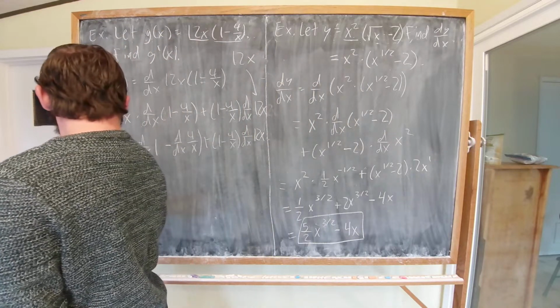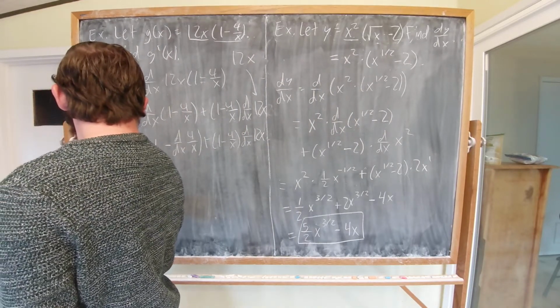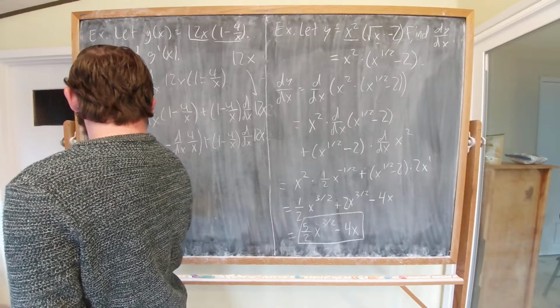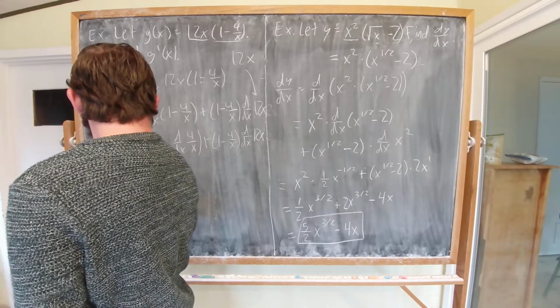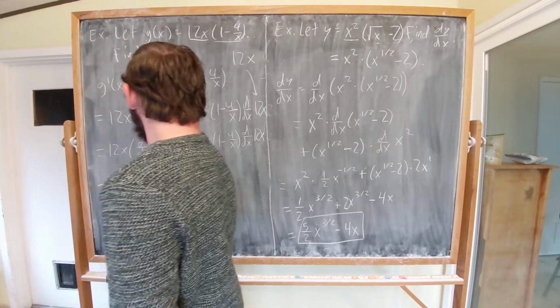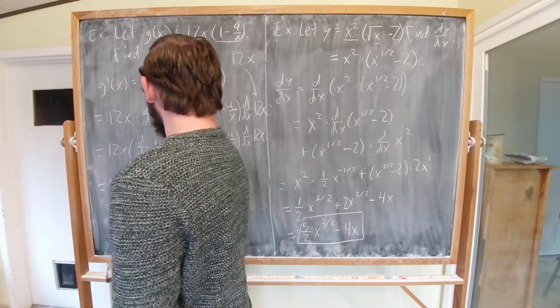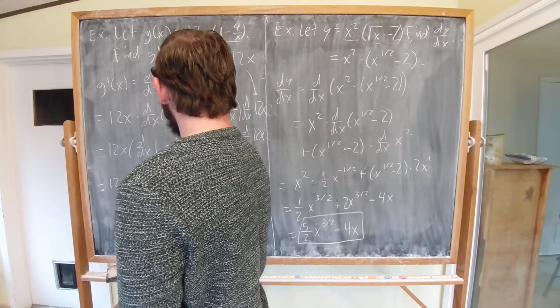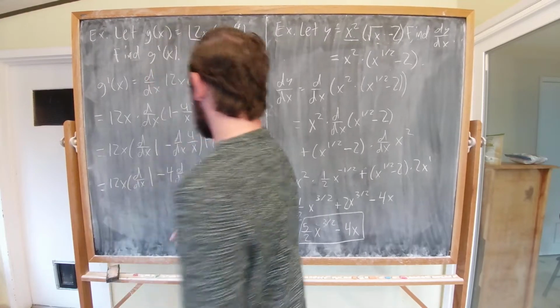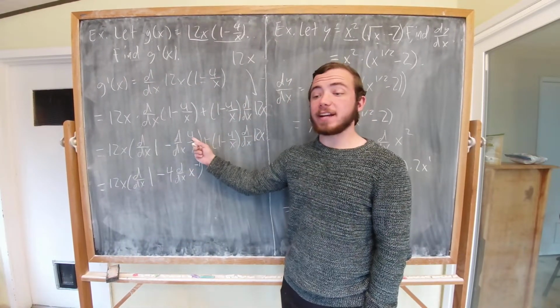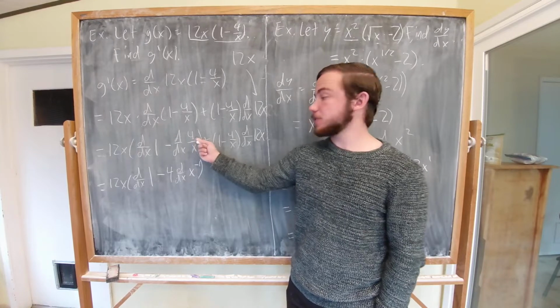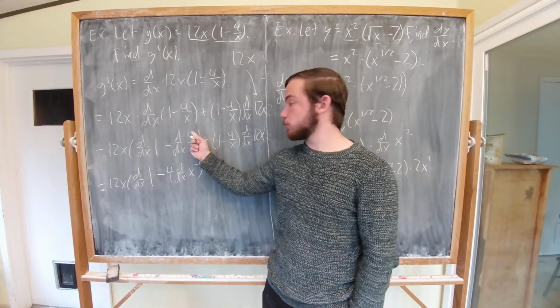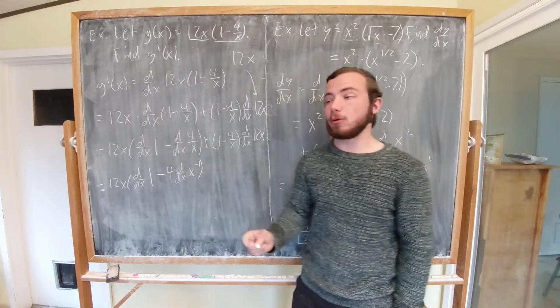This is 12x times derivative with respect to x of 1 minus 4 times the derivative with respect to x of x to the negative first, right? 4 over x is 4 times x to the negative first, so by the scalar multiple rule, we can pull out the 4.